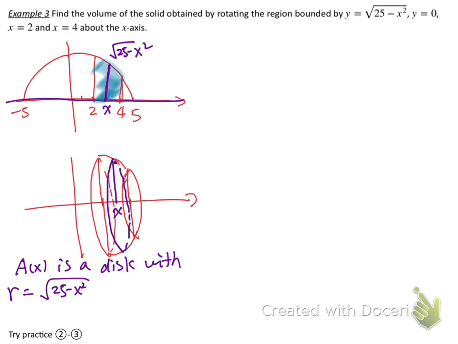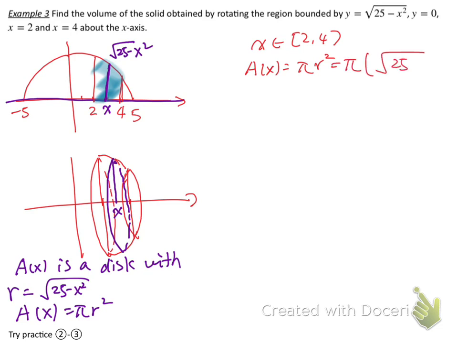Then, of course, A of x will just be pi r squared. So we are having x between 2 and 4. And our A of x is pi r squared, where r is square root of 25 minus x squared, then squared.